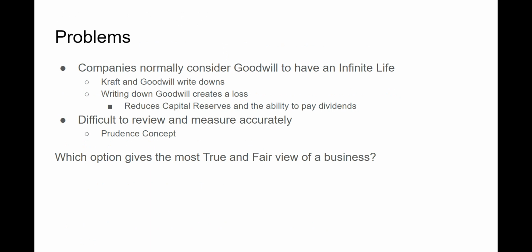So obviously writing down the goodwill then creates a large loss, and that reduces capital reserves and the ability to pay dividends into the future. And an argument against doing it is also the prudence concept, because although we've said that companies should be reviewing the value of their intangible assets on a regular basis, this isn't as easy said as done.